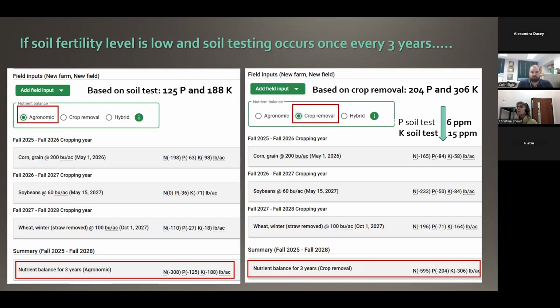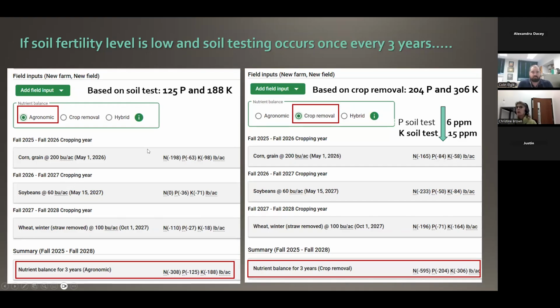And so now I'm taking the field management plan, and what I've done is I've included just the crop rotation. On the left-hand side I'm comparing the agronomic numbers, basically the soil test and corn calculator numbers, where on the right-hand side, I'm looking at crop removal.